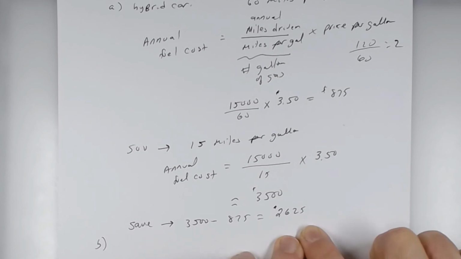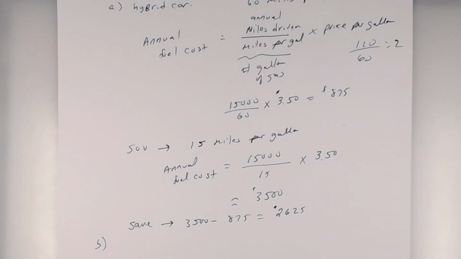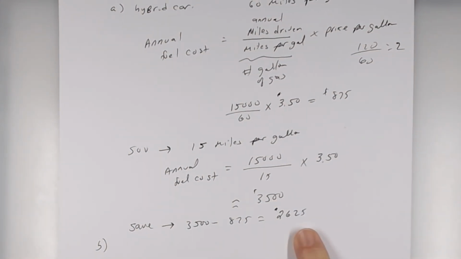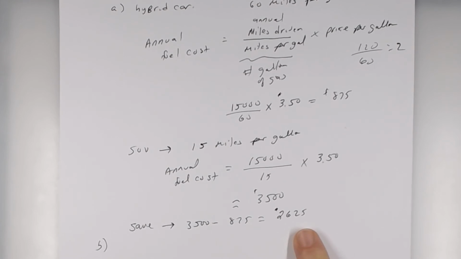Okay. What they're saying in part B is this: rather than just spending the money you save on something else, or not even thinking about what to do with it, what if you put the amount you saved in an annuity?